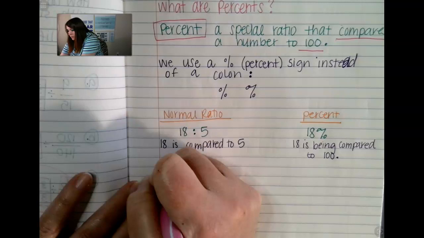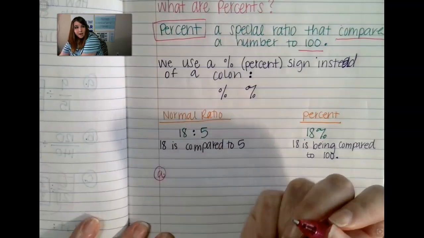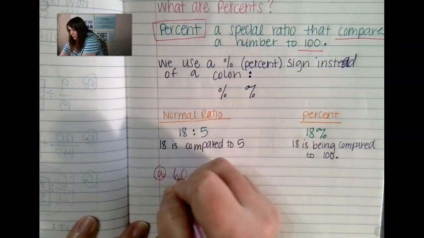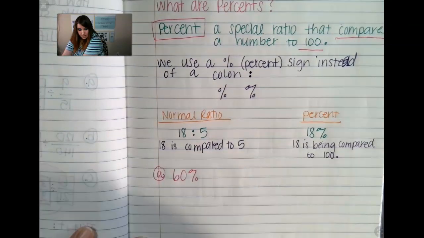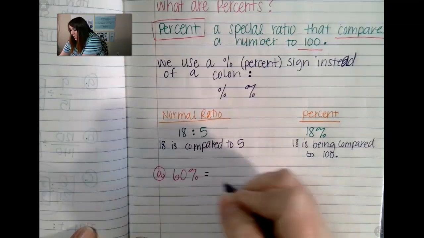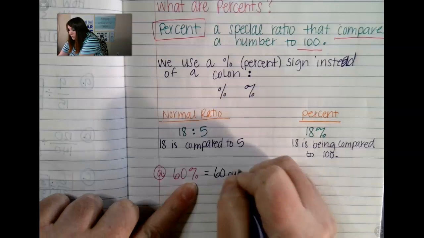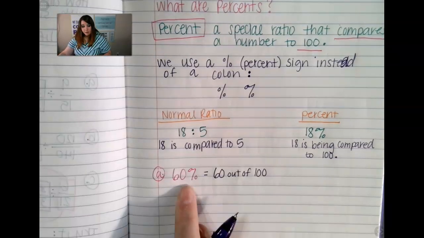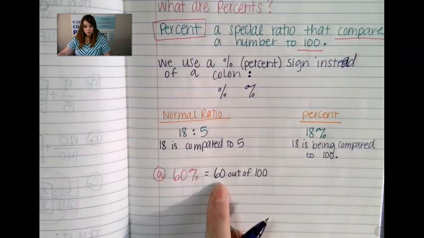So example A. Let's say that I have 60%. This means that I have 60 out of 100.